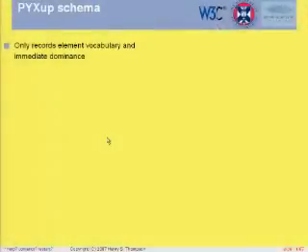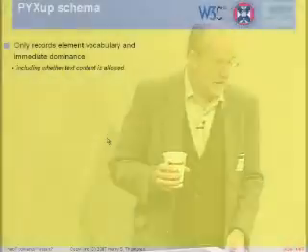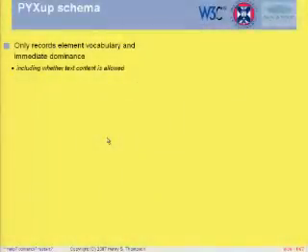The schema is as simple as you can get. It essentially only records vocabulary and immediate dominance. So it tells you who your children are, and that's it. It doesn't tell you cardinality, doesn't tell you order, nothing but immediate dominance. And it tells you for any given element whether it expects text content or not. That's really still part of immediate dominance.